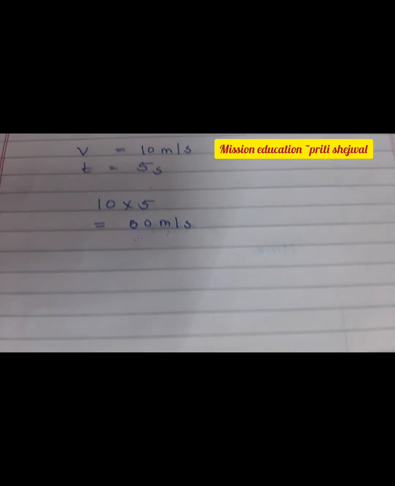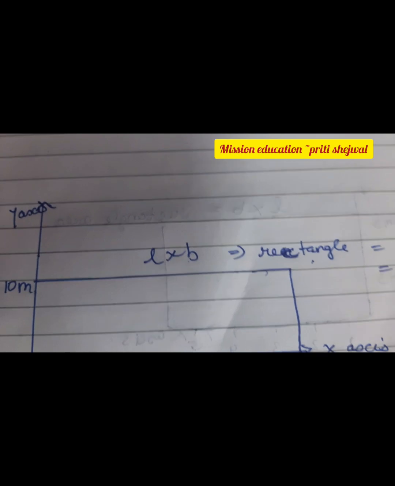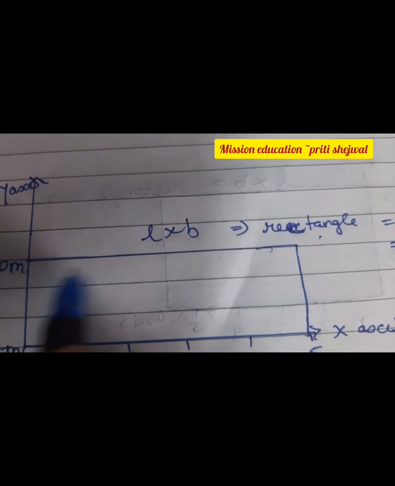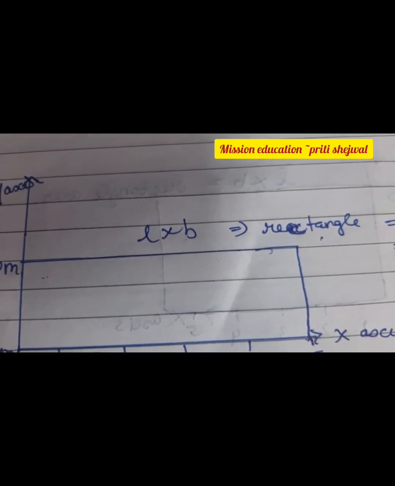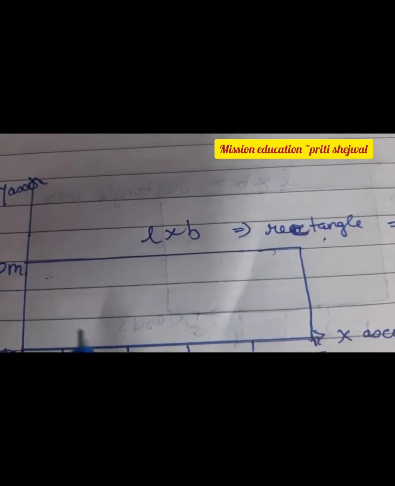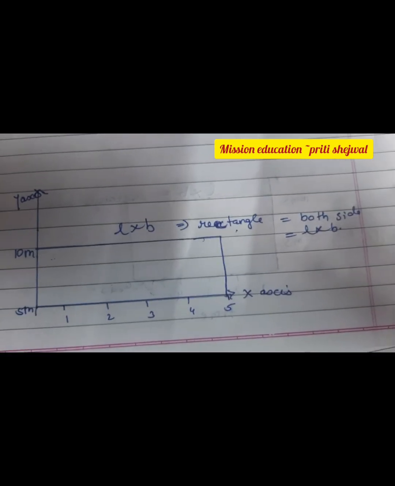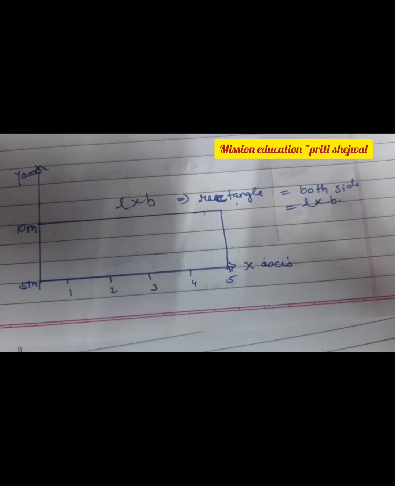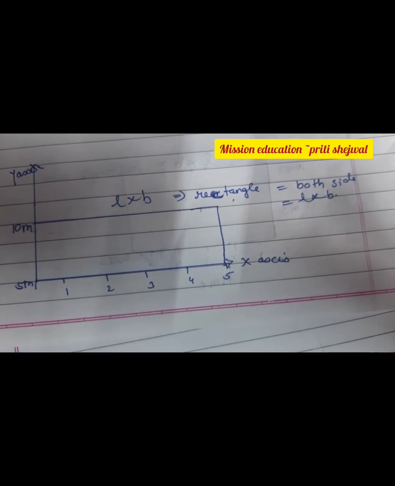So the area under the graph, this part, we have calculated the area. We can find displacement under a VT graph. In a VT graph, we get the slope, that is the acceleration, and also we can find displacement under the VT graph. So this was about the velocity time graph.